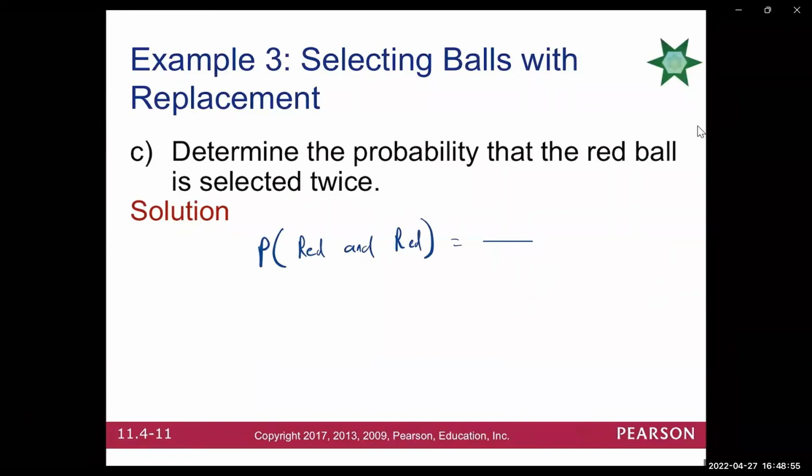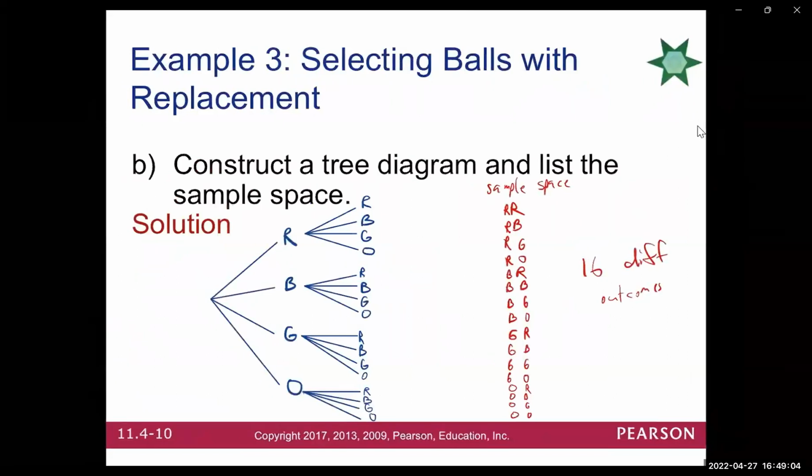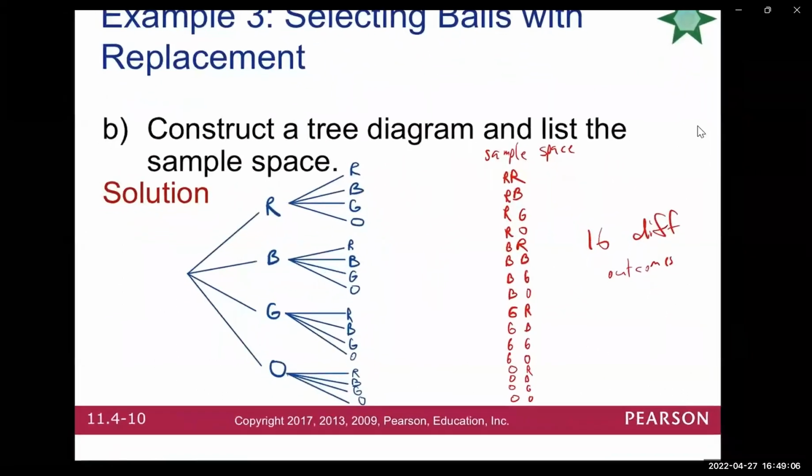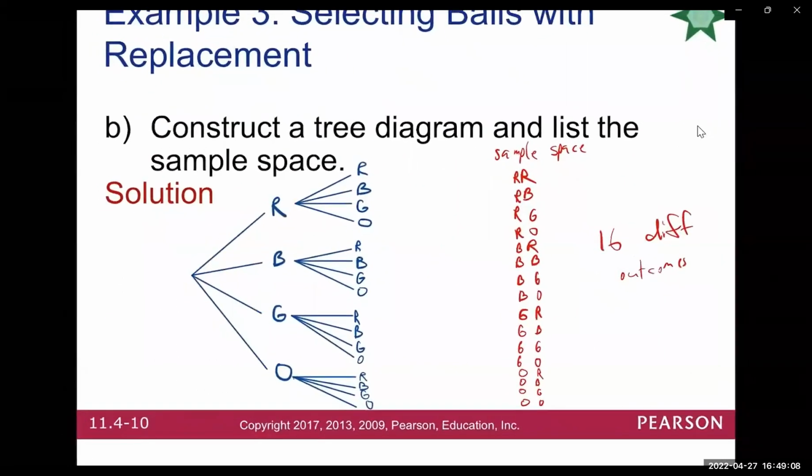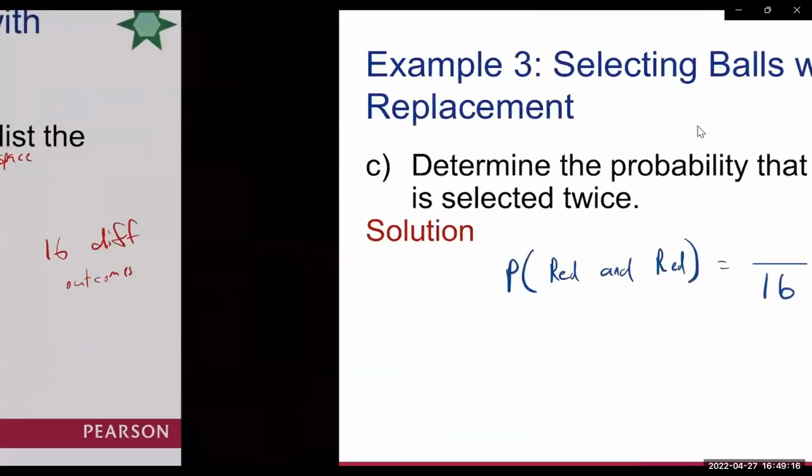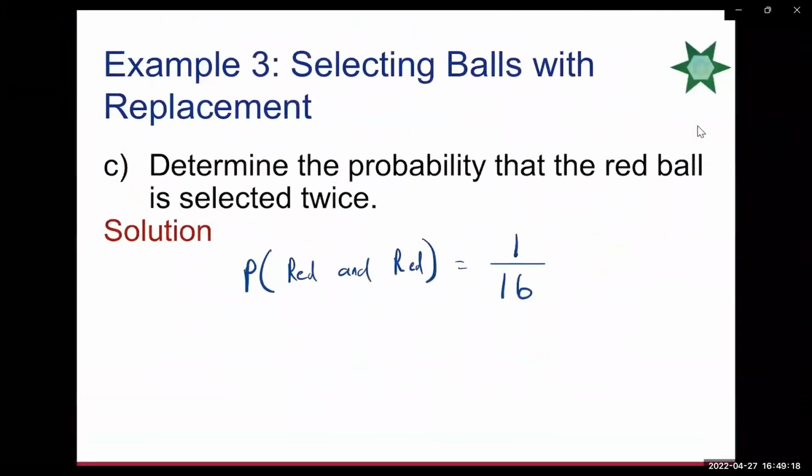It should be 16, very good, because there are 16 possible outcomes. And then how many of them have red and red? Just one, the very first one. That's the only one that's RR. So it's going to be 1 out of 16.